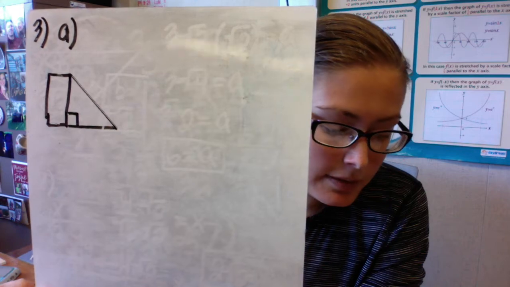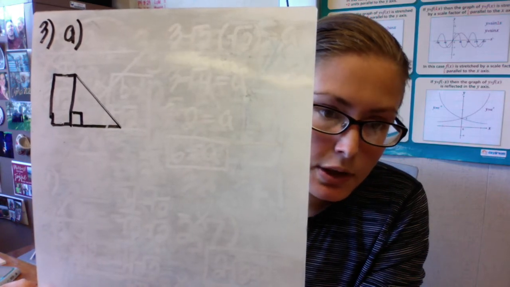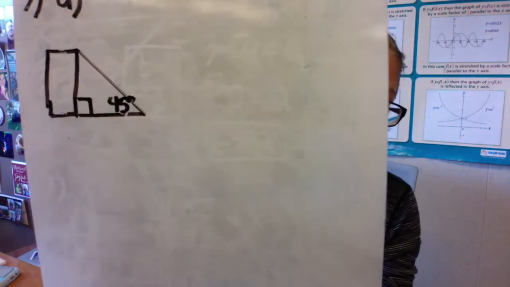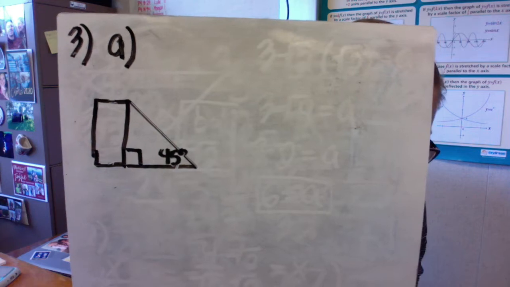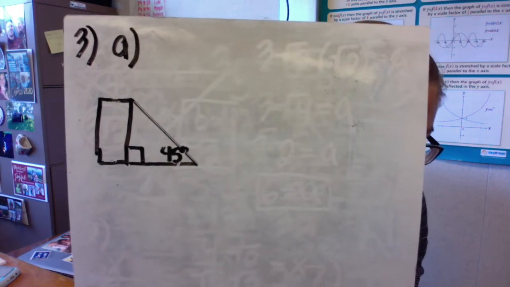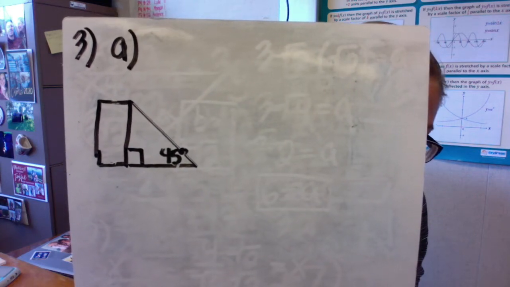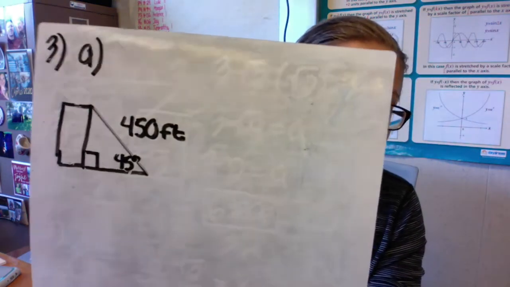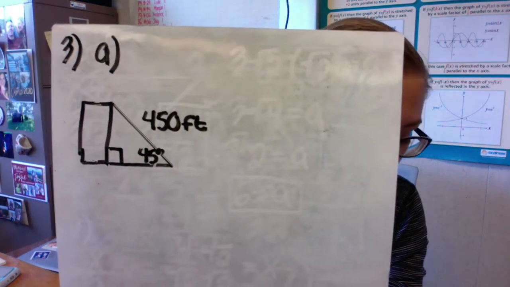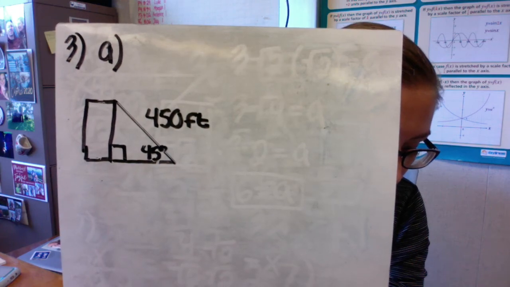So again, we know that the angle between the webbing and the ground forms a 45-degree angle, and that he knows the webbing will shoot 450 feet. We want to find out how tall the building is.